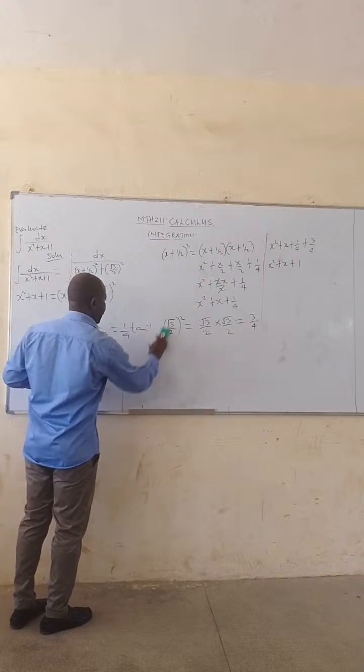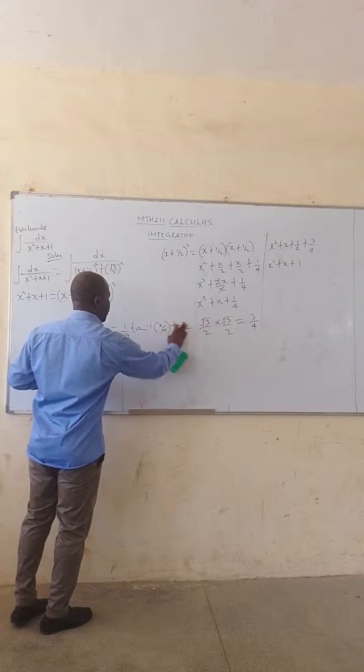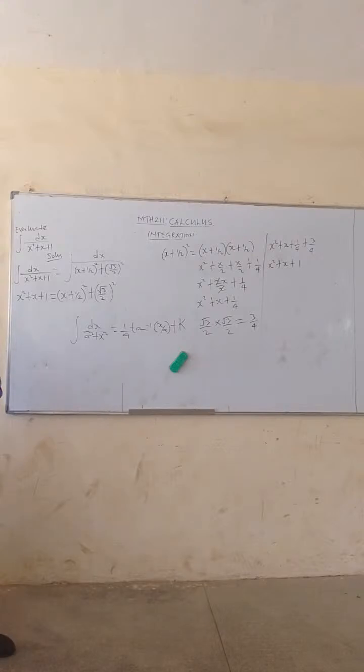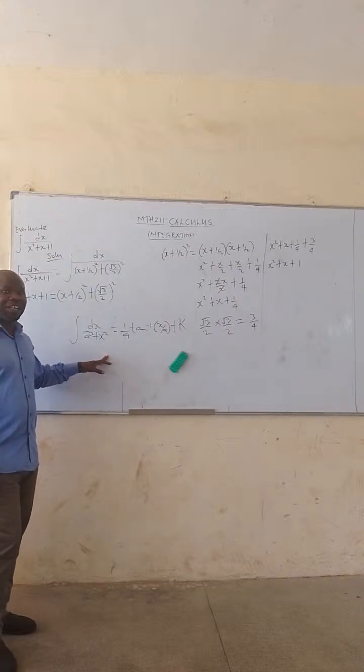Yes, sir. Of x all over what? a, plus constant. True or false? Amen? Do you understand? No, there is no problem. Yeah. You have to think like a mathematician.